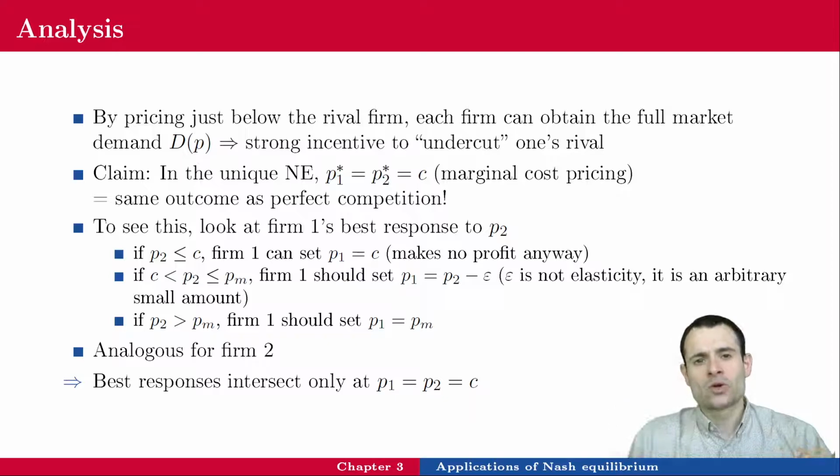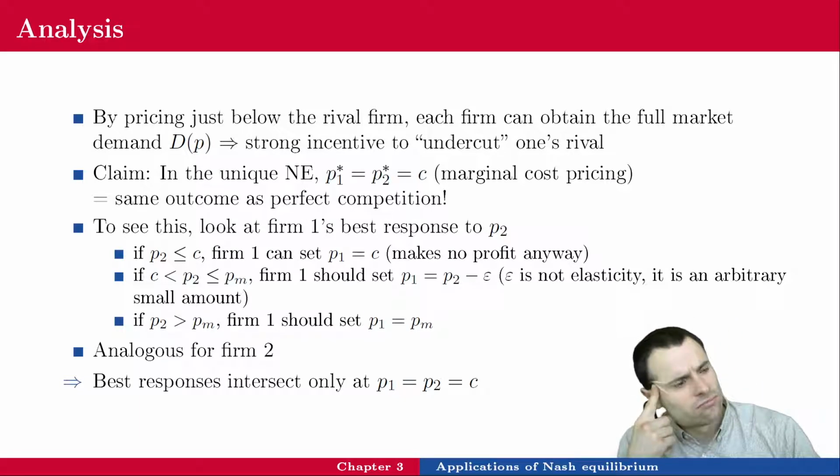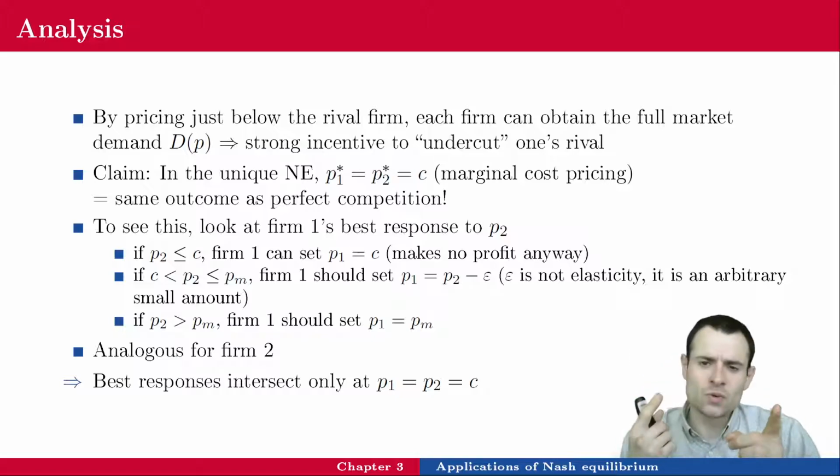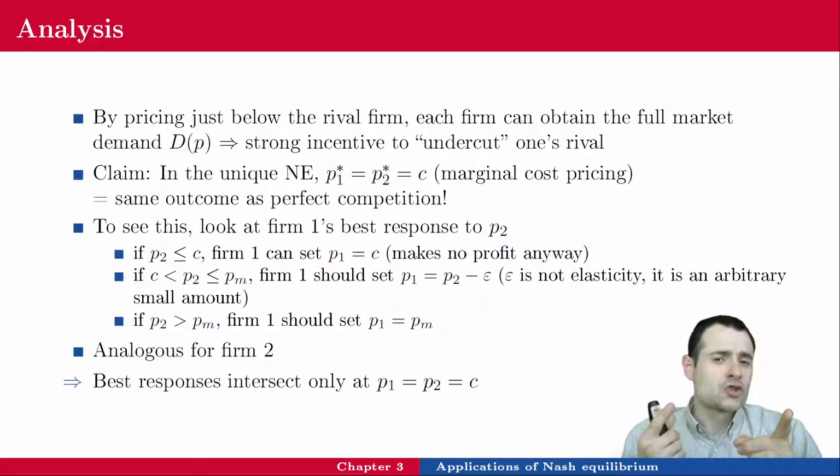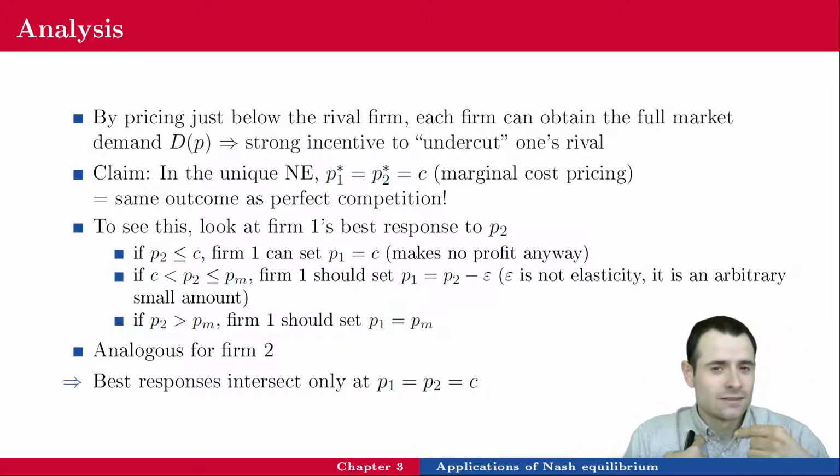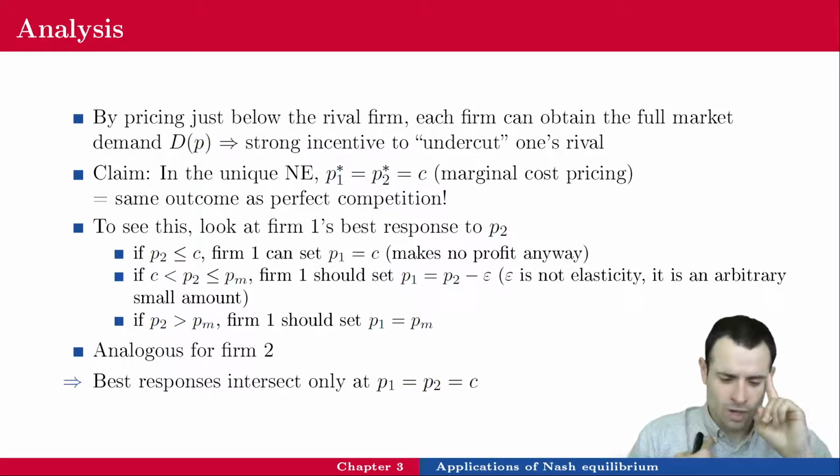Imagine that your competitor chooses a price of 20. You want to set a price of 19.99. But then the other firm is like, well, if I charge a price of 20, this guy is going to charge 19.99. So I should charge 19.98. And then you're going to think, wait a minute.